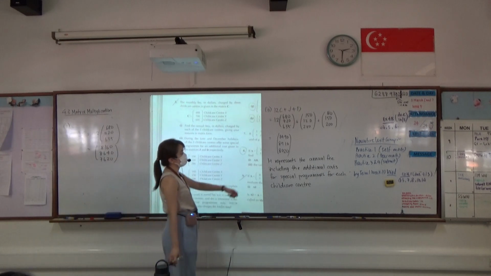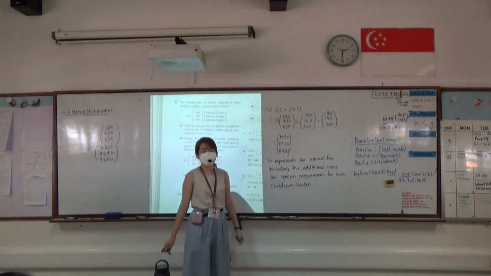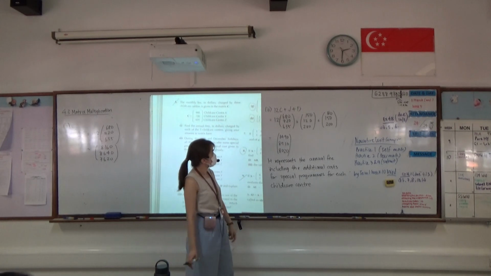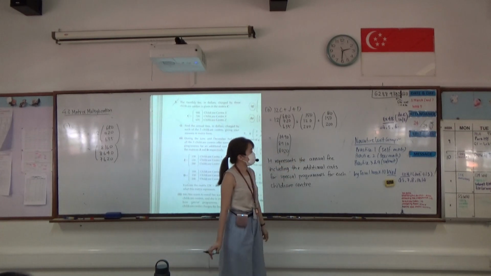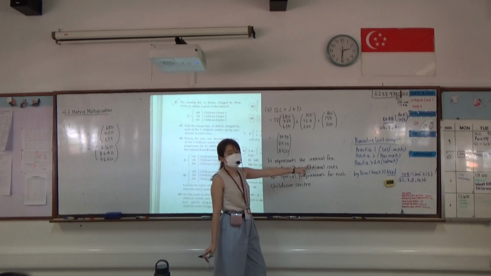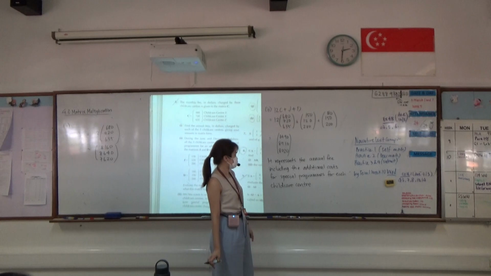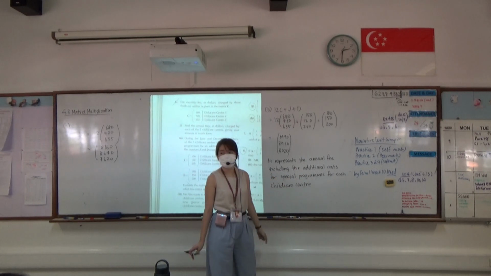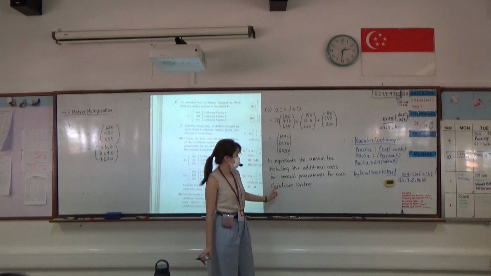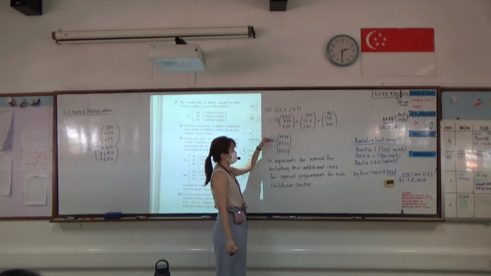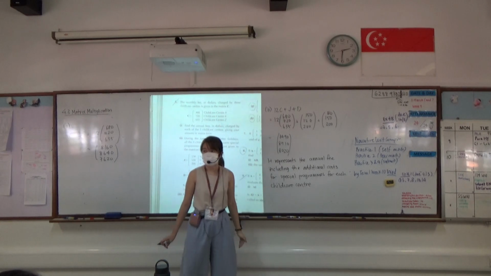So 12C was looking at the annual fee. J is looking at the additional cost for June programs. D is the cost for participating in the December programs. So we see that the annual fee is mentioned, and then the additional cost for the special programs as well. Then for each childcare center, which is also true because we are breaking it down to each childcare center.